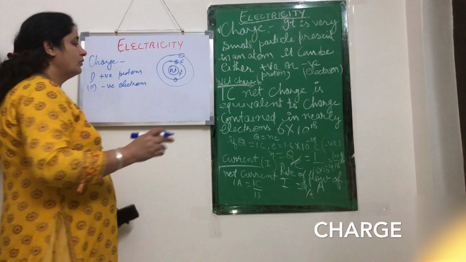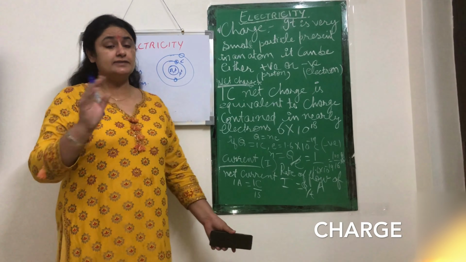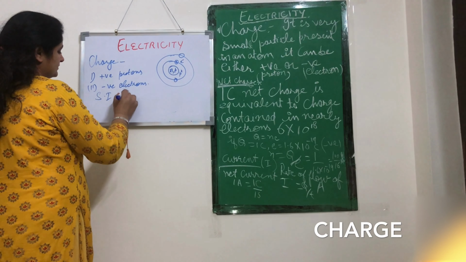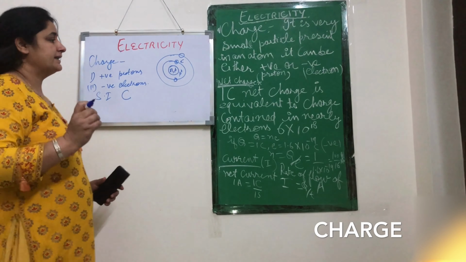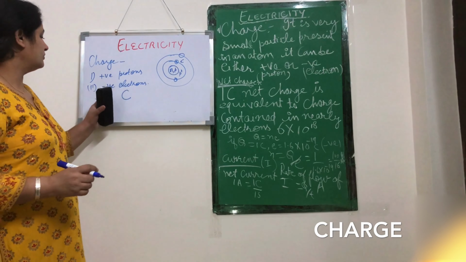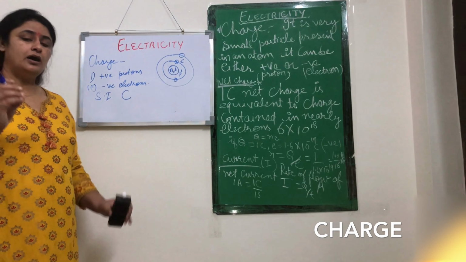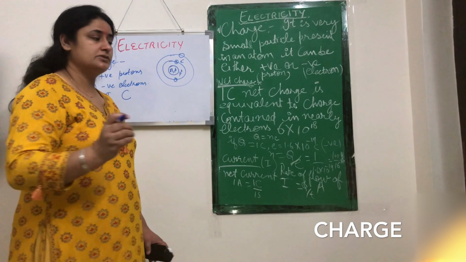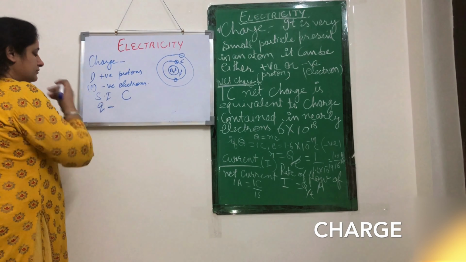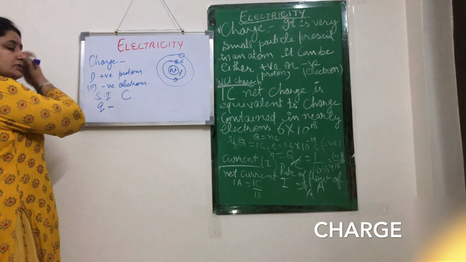Now come to what are the units. The SI unit for charge is coulomb. So this is all about charge. How can we denote charge?